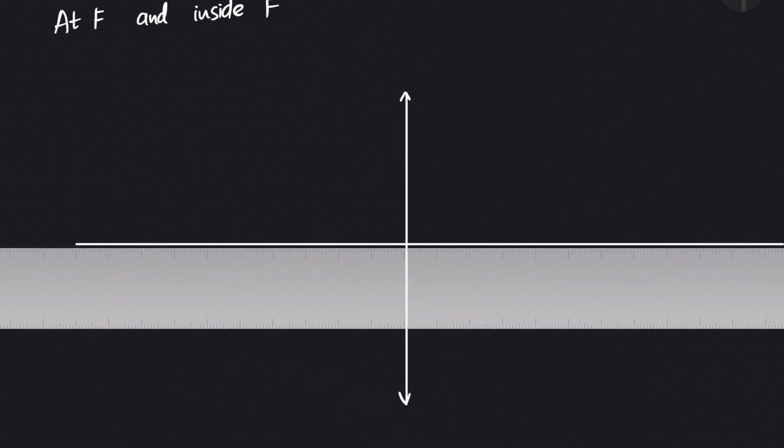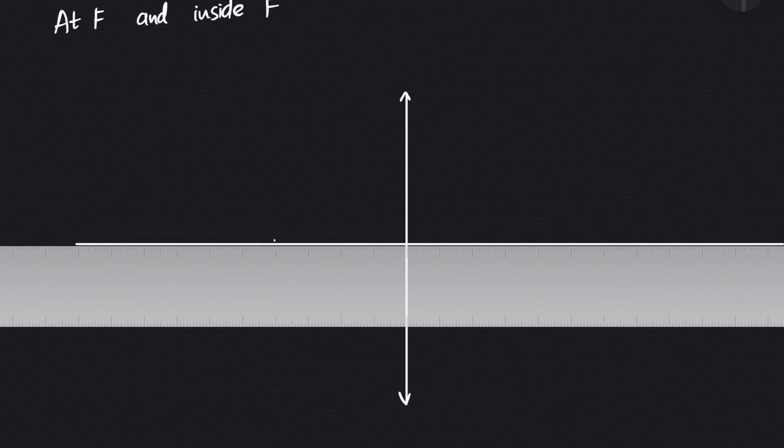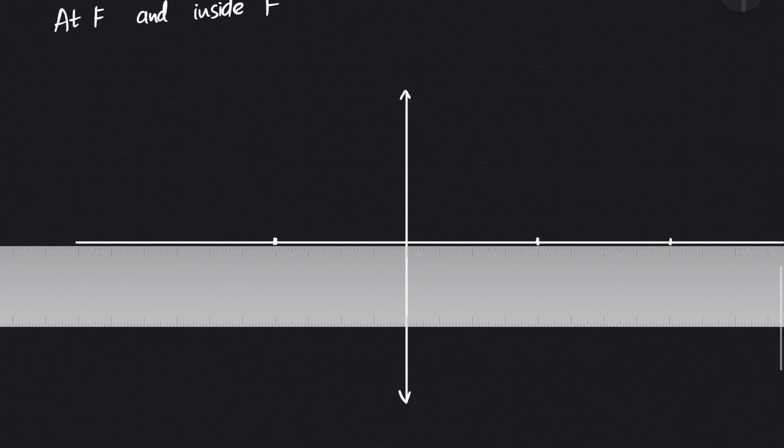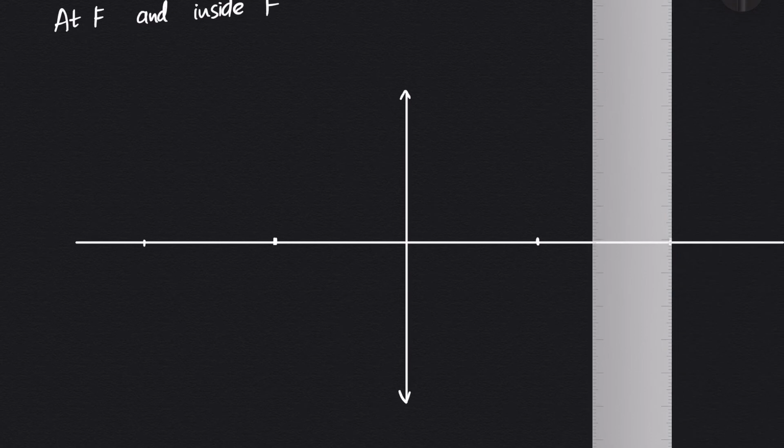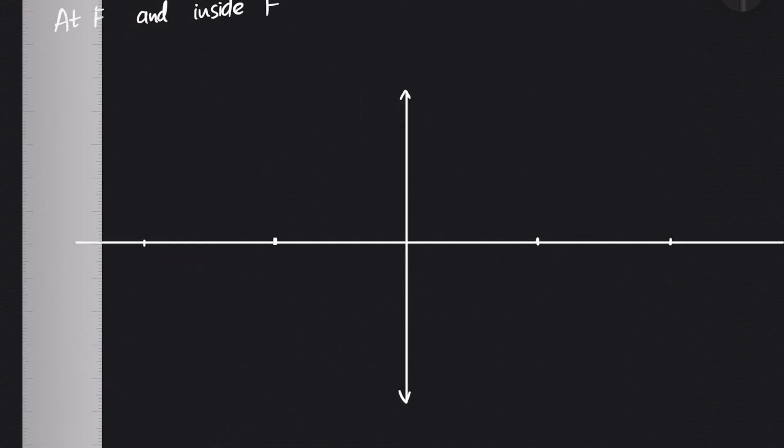For example, here I am taking a focal length of 4 centimeters. So this is F, C, C, F and C.